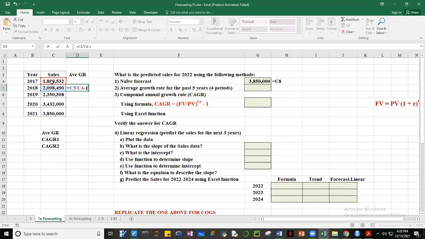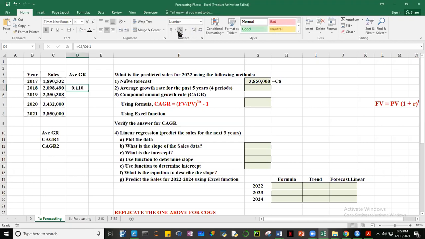However, in Excel, it's easier to use the current divided by the previous, minus 1. Because if we use the current minus previous in parentheses, then divided by the previous, we will have to use parentheses to do that in Excel. So for purposes of facilitating our computation, we just use the easier formula for growth rate. So let's change this into percentage.